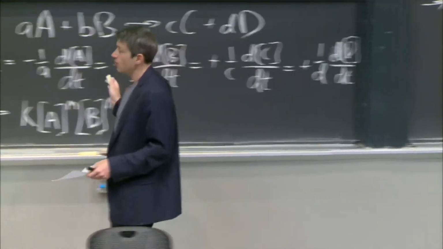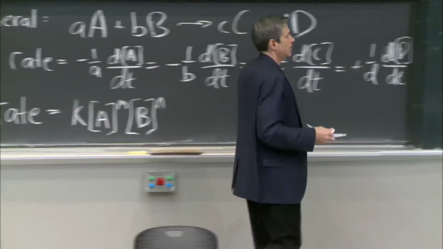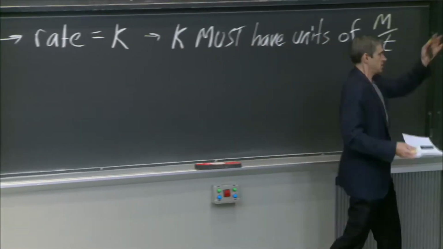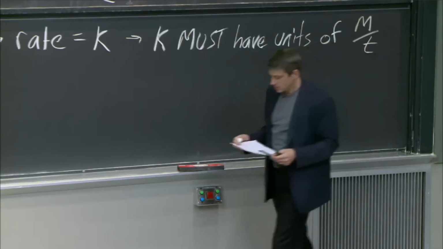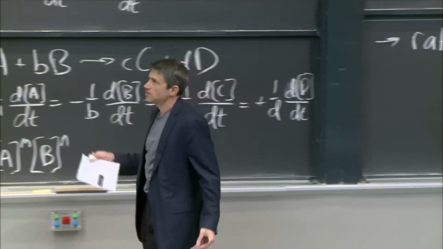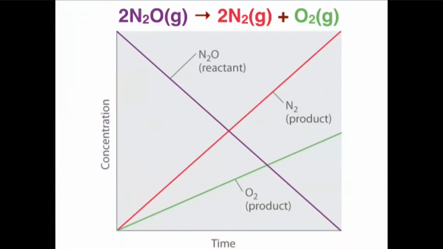The units of K will. But in a zeroth order reaction, the units of K have to be equal to the units of rate. There's nothing else in there. Again, I want to emphasize there is no simple correlation between the stoichiometry, the coefficients of these things, and the rate law. You've got to do experiments.